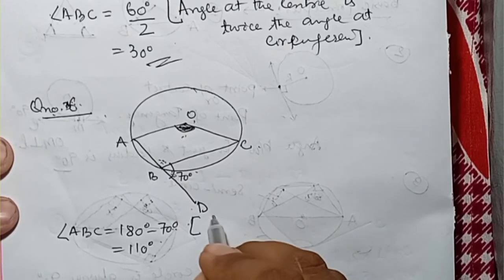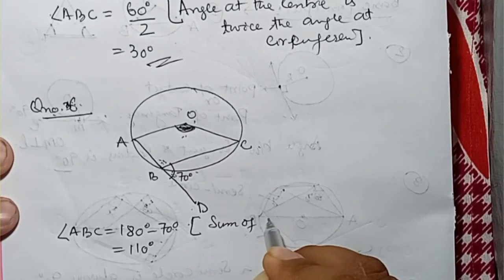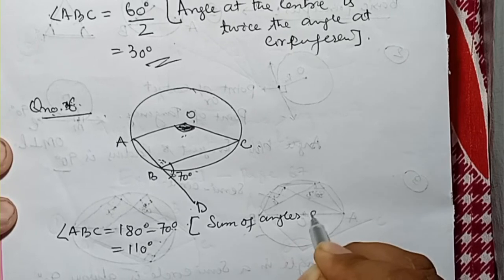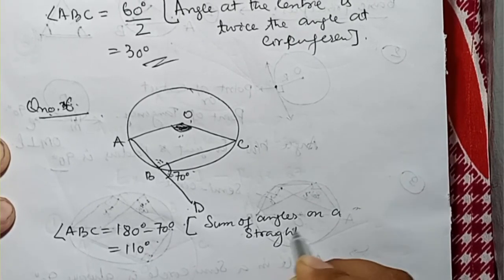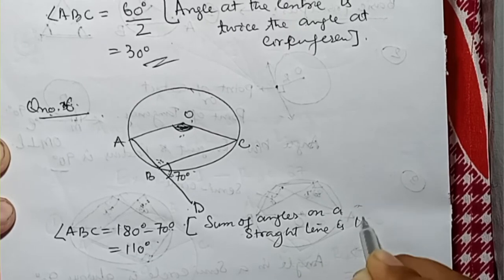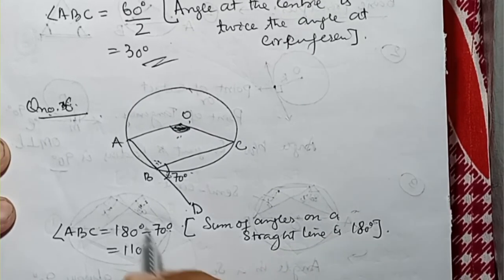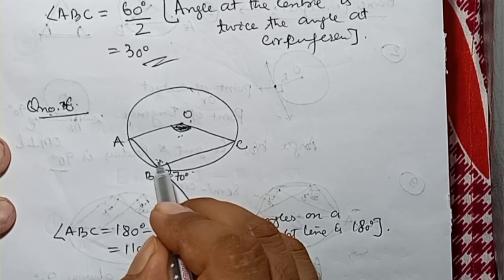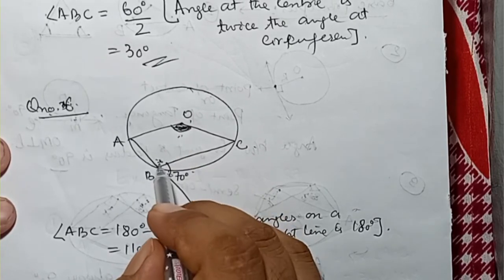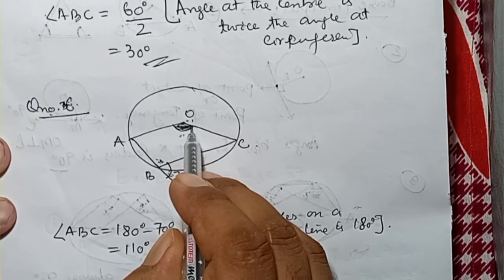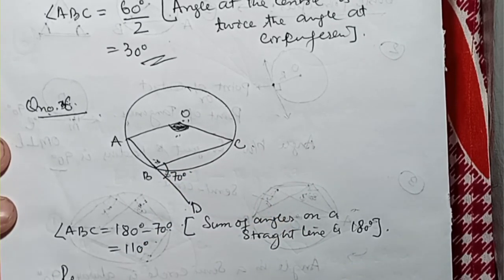The reason will be that the sum of angles on a straight line is 180 degrees. This is the reason for this. So now I know this angle is 110 degrees. Now you can see this angle will be reflex angle AOC.